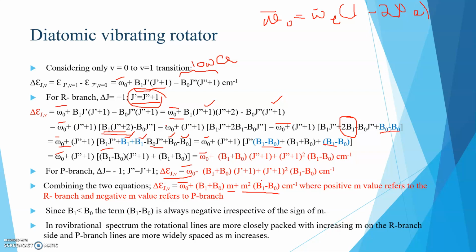That means you are considering the situation as a breakdown of the Born-Oppenheimer approximation, or you can say that the Born-Oppenheimer approximation is no longer valid, or you cannot use it to account for the spectrum of a real diatomic vibrating rotator.